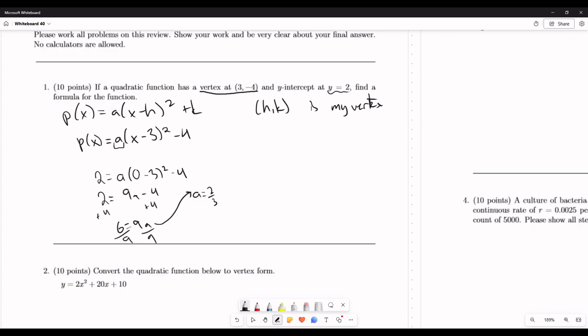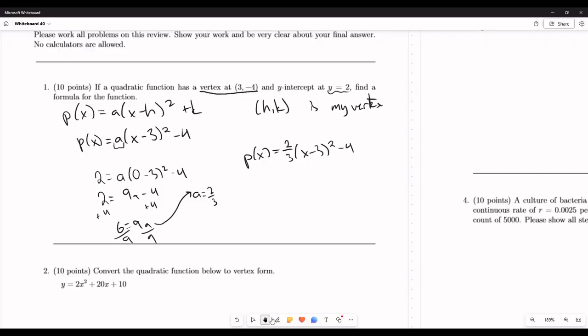So we used the vertex, we used the y-intercept, we found this a value, and we finally get that our answer should be p of x equals 2/3 times (x minus 3) squared minus 4. And if you plug in 0 here, you'll get 2/3 times 9 is 6, and then 6 minus 4 is 2. So that all works out.